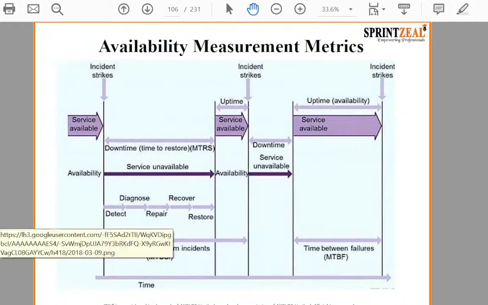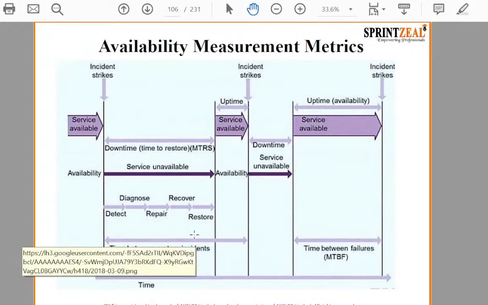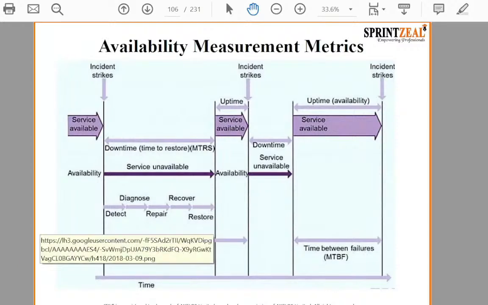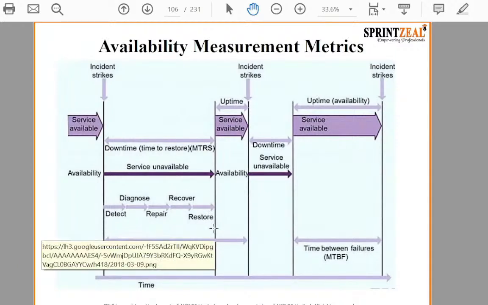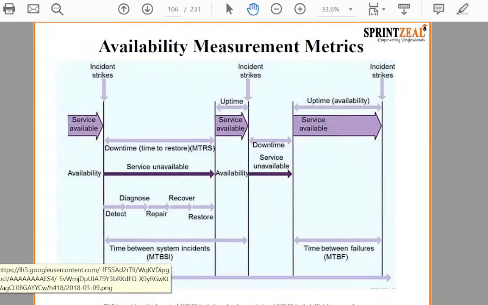During this time, the technical team is detecting, diagnosing, repairing, recovering, and trying to restore the service. So behind the scenes, people are working to restore the service while I'm just simply hitting refresh, refresh, refresh.